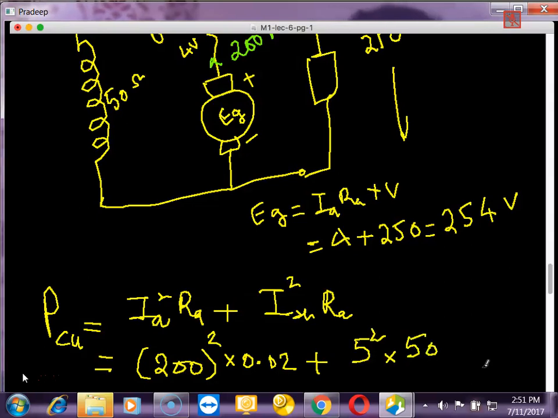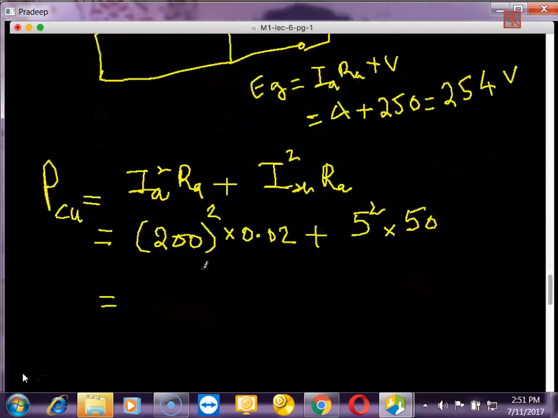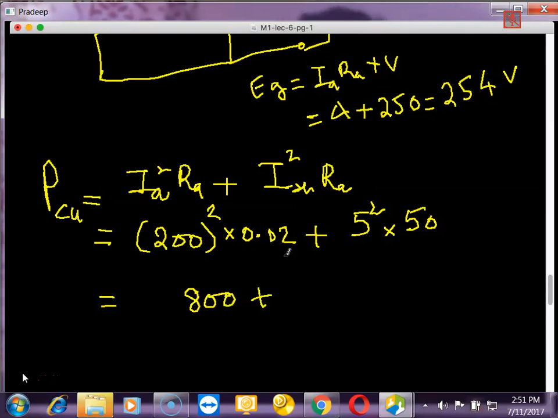Let me calculate this in my calculator. This term is 800 plus this term is 1250, and the total will be 2050 watts.